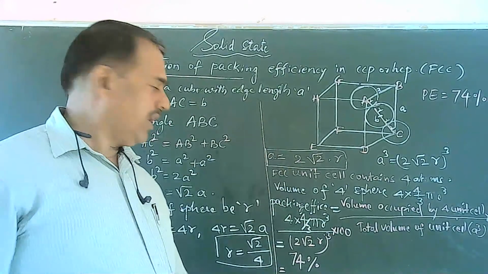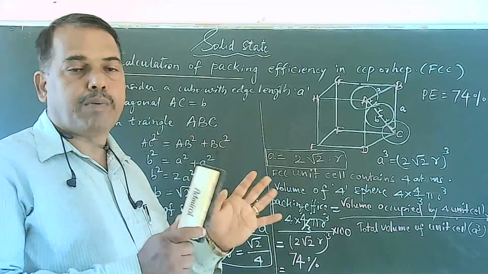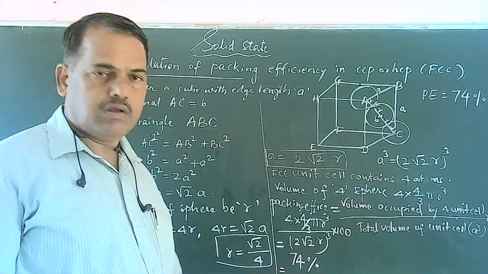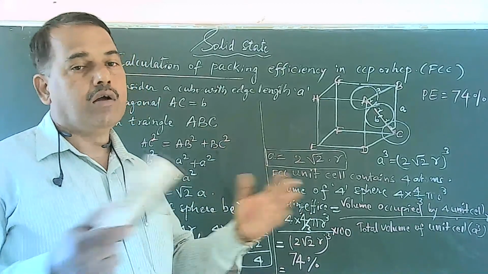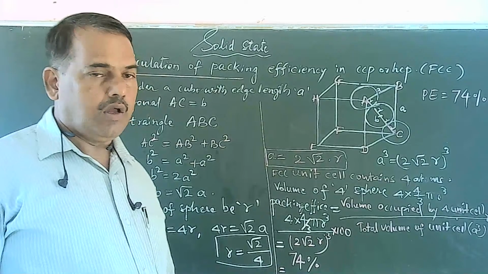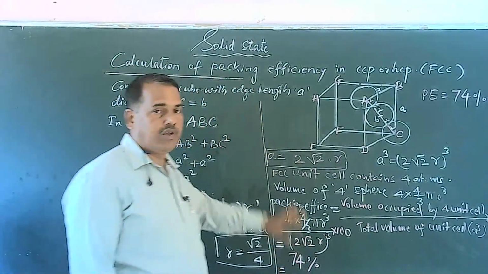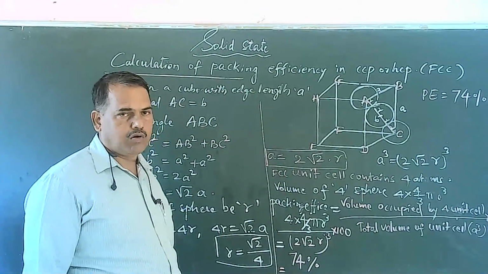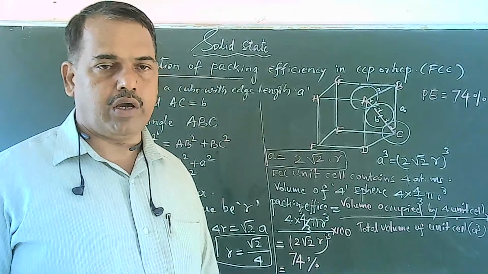The remaining 26% is the empty space. Are you clear? So FCC is more efficient than other unit cells, even the body centered unit cell. Many particles are present, so it is stable. Are you clear? Then next, shall I rub this?